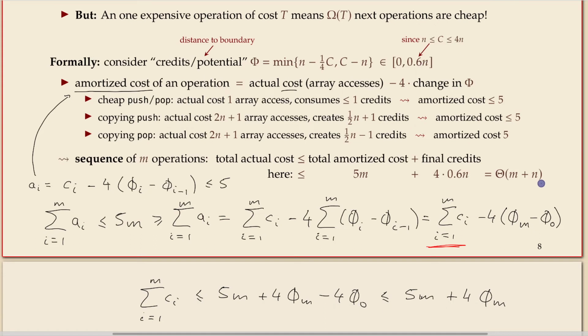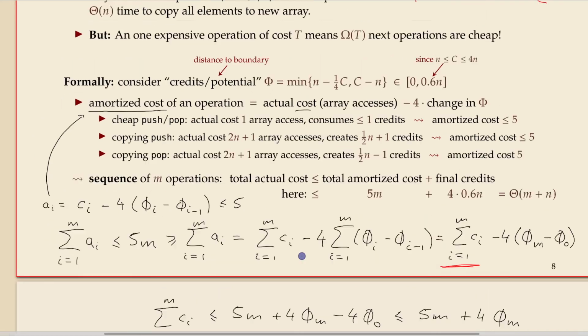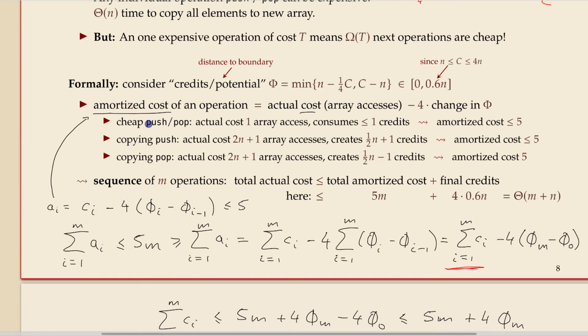Now, the step that I skipped before was to show that the amortized cost of each operation is always at most 5. So that's what's explained here. And we have to distinguish the different cases now. If we have a cheap push or pop, that means it's one where we don't have to copy. We don't have to resize the array. So we can move n one up or down, and c remains unchanged. So the actual cost is 1 because I have one array access.